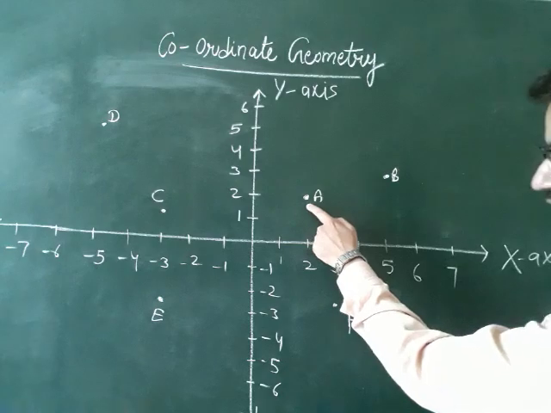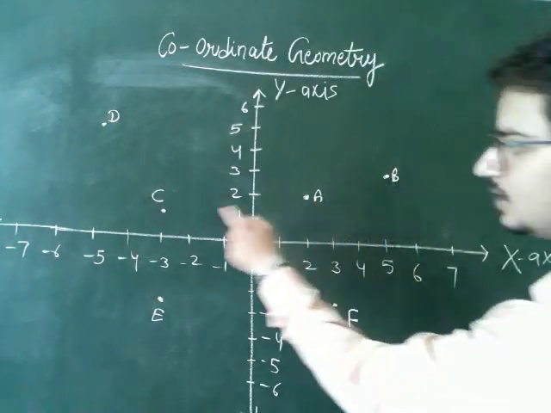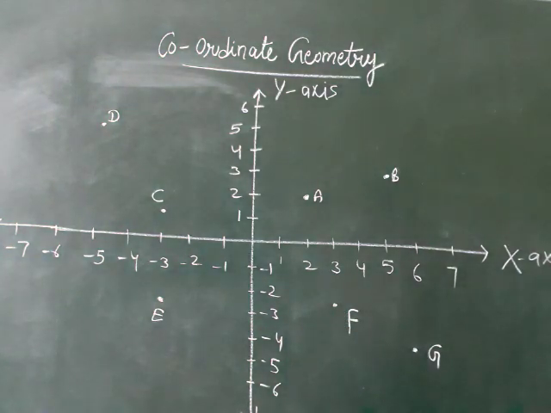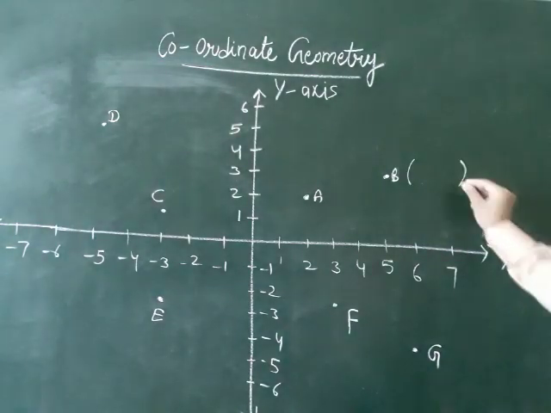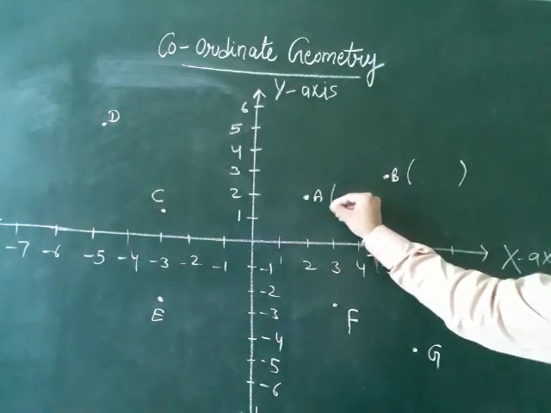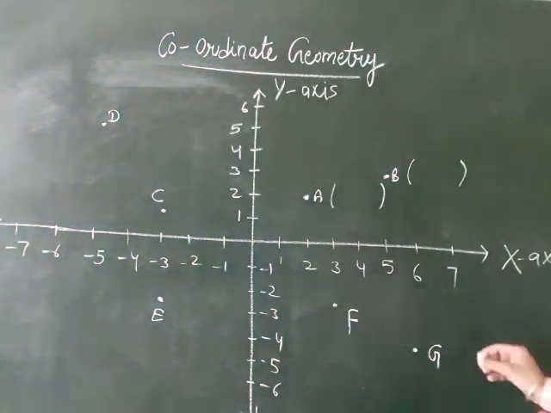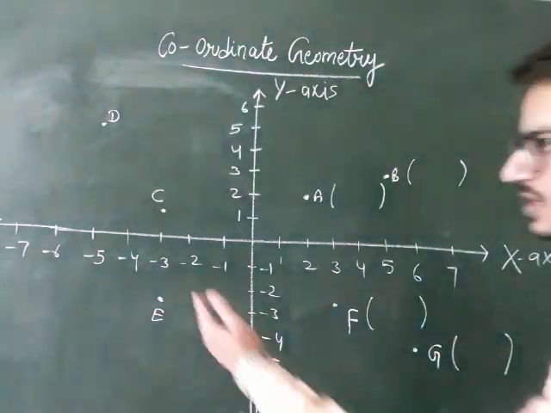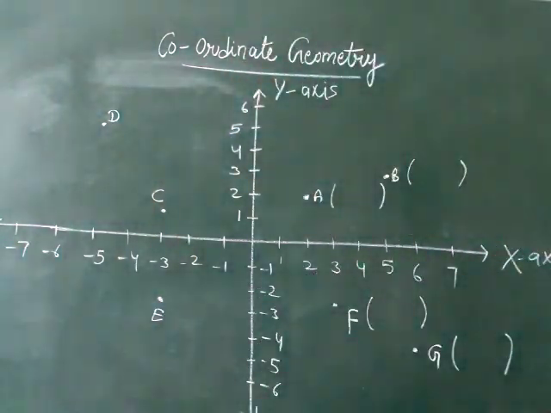I have pointed out few points: point A, point B, point C, point D, point E, point F and point G. And what we have to do, we have to write the coordinates of point B. We have to write the coordinates of point A. We have to write the coordinates of point G, of F, similarly C, D and E. Means in this video we are going to do the opposite work which we have done in our previous video. So start our today's concept.